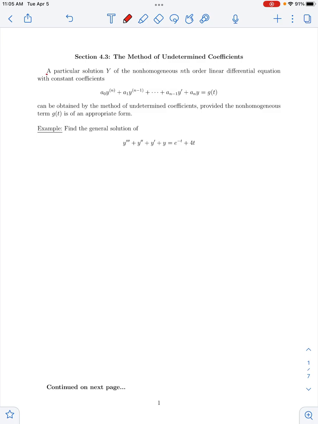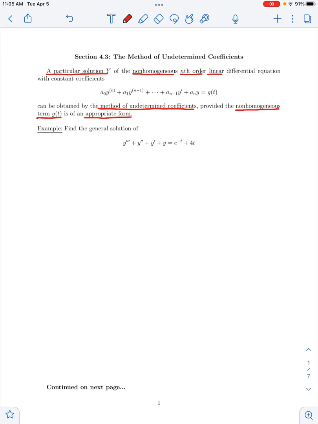And one way that we can find this particular solution for a non-homogeneous nth order linear equation is to use the method of undetermined coefficients. And we can make use of this method provided that the non-homogeneous term, g of t, that forcing function, is of an appropriate form.